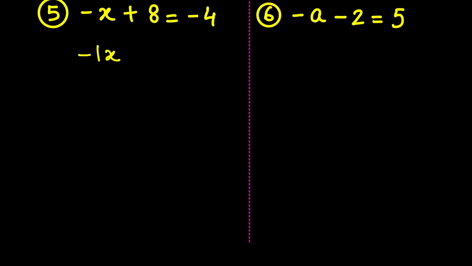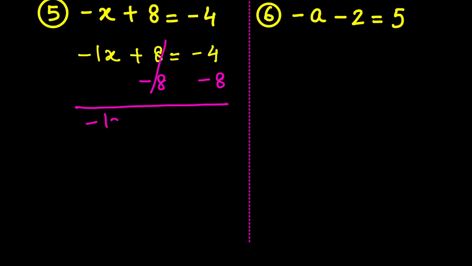So it is minus 1x plus 8 equals minus 4. Following the same steps, first we subtract 8. 8 and minus 8 cancel out. So it is minus 1x equals minus 4 minus 8, which is minus 12. So minus 1x equals minus 12.